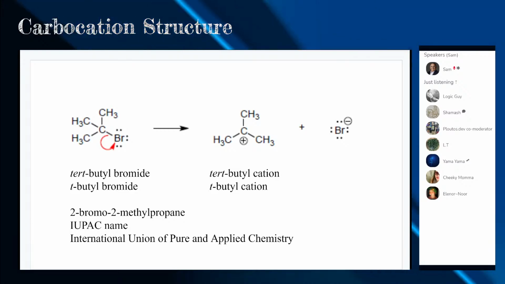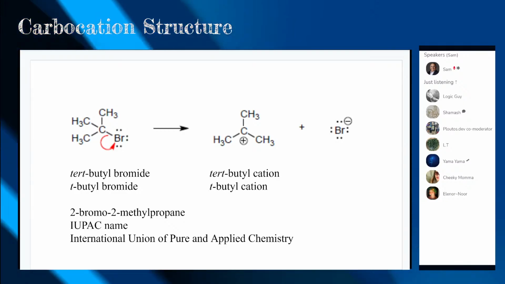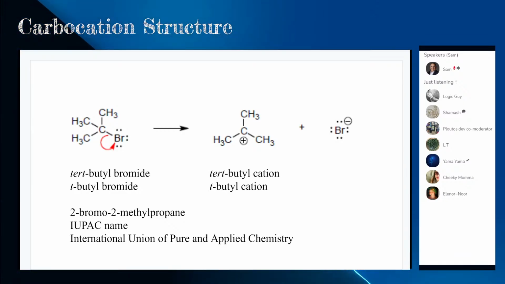And it's a tertiary carbon because the middle carbon is connected to 3 other carbons. It's butyl because it has 4 carbons, and so but is the prefix for 4. And so it's tert-butyl and then bromide. It's also abbreviated to T-butyl bromide.